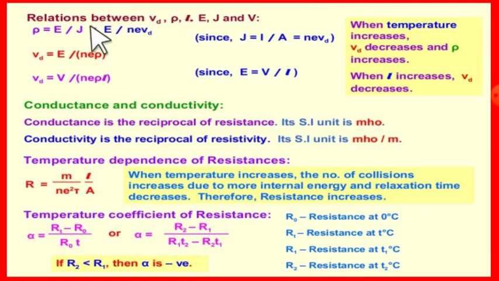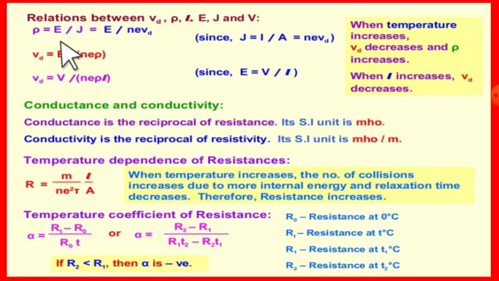Now let's see the relation between drift velocity, resistivity, length of the conductor, electric field, current density, and potential difference. All those relations are given here. As we have said, resistivity is electric field divided by current density.